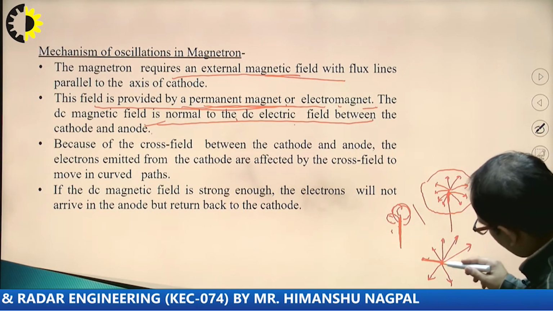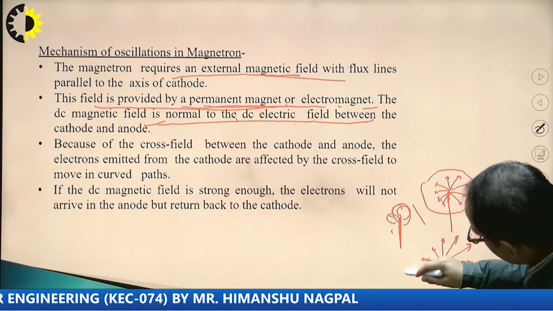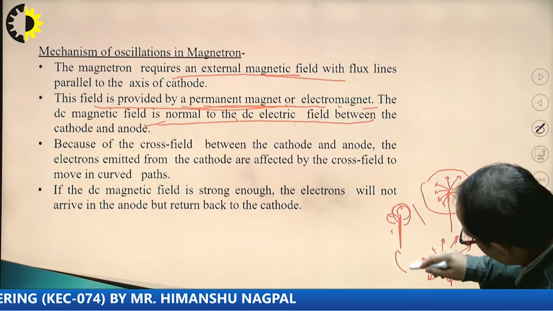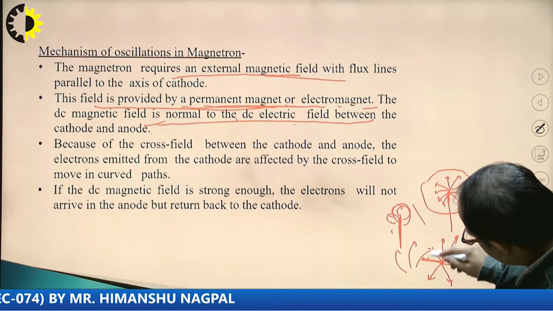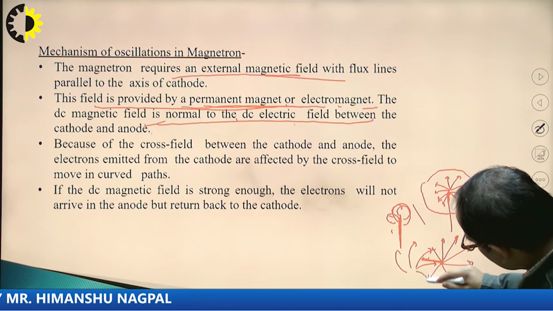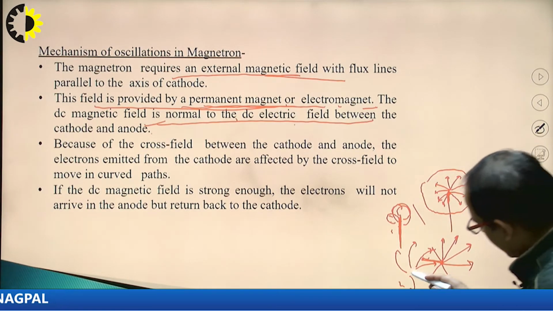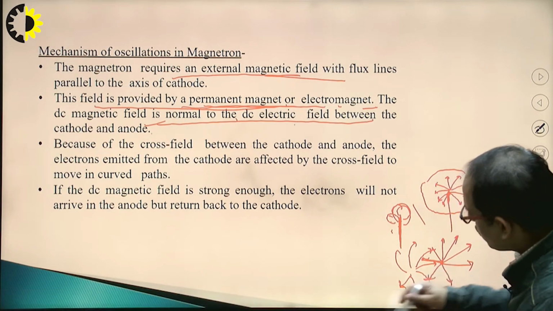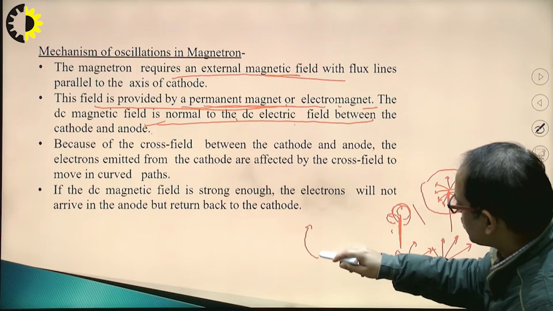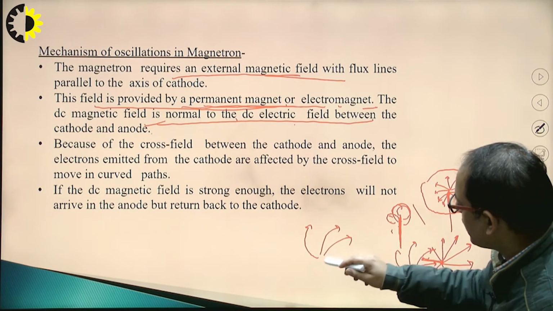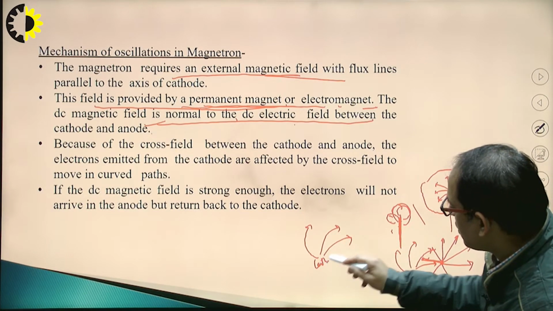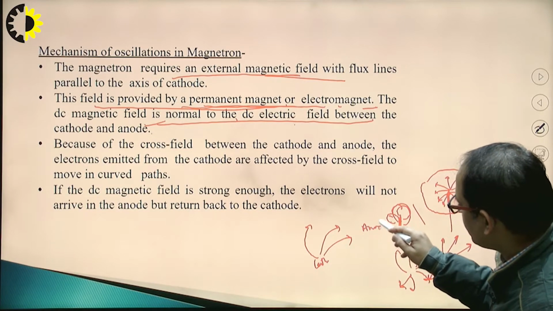Then the field lines will get deflected back like this one, because these electrons will have a circular path like this to reach from cathode to anode.